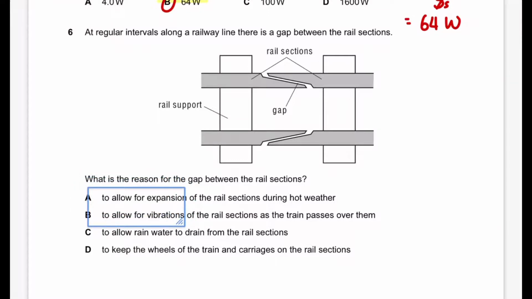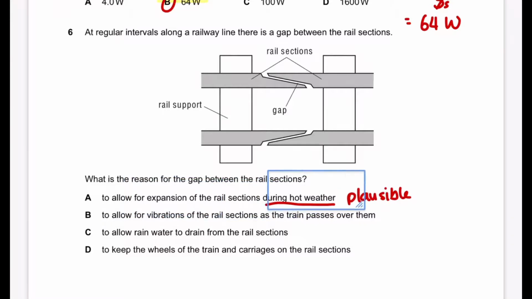To allow for expansion of the rail sections during hot weather. This is a possible reason. Let me write down here. Possible because when it is hot or during the hot weather, rail sections, which are made of metal, expand.